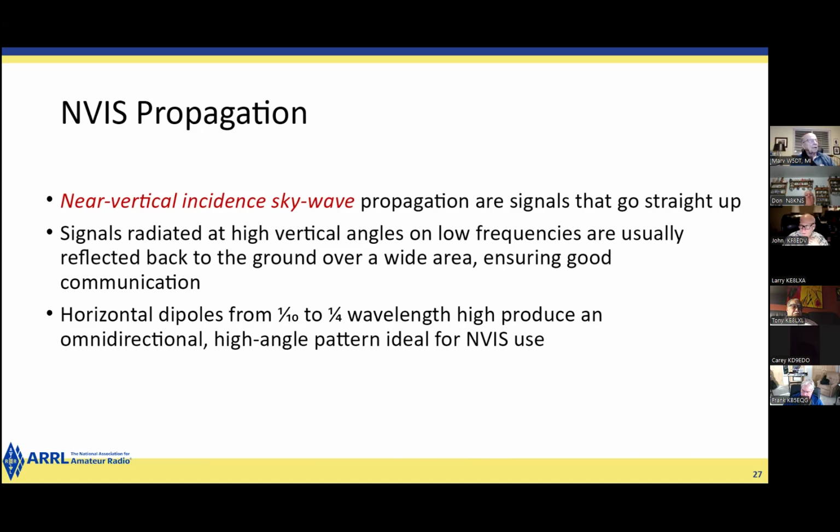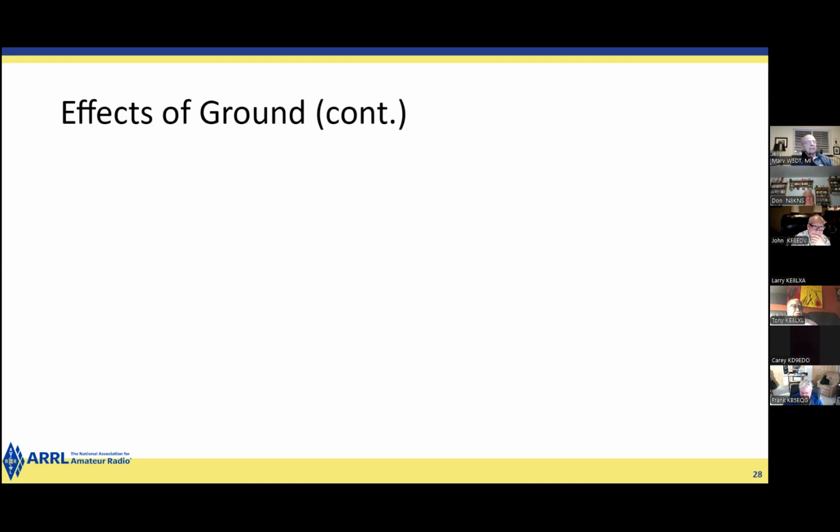So a horizontal dipole from a 10th to a quarter wavelength high produces an omnidirectional high angle pattern, and that's great for NVIS use. That kind of antenna is used by public service teams and your typical bunch of guys that run around in the woods with guns on weekends.